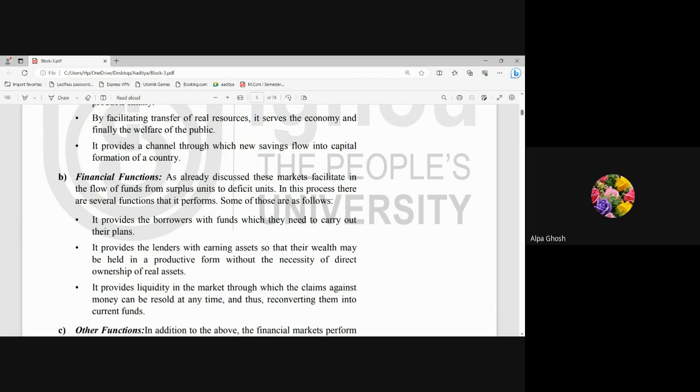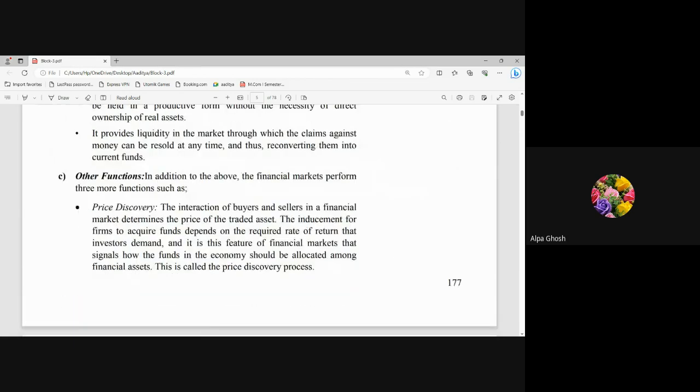So this is a process that is maintained with the help of the financial market. Otherwise, who is going to repurchase our investment? The repurchase process involves a huge amount, and this huge amount is available through the financial market. Other functions are also very important, like price discovery.